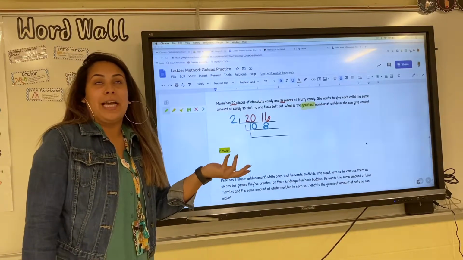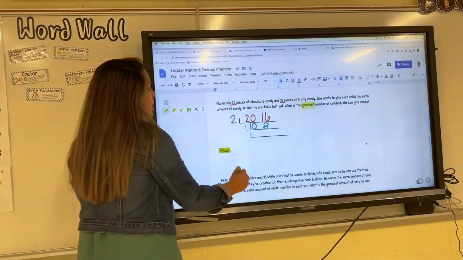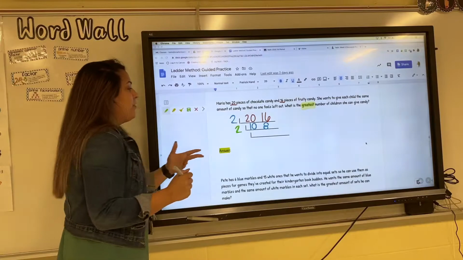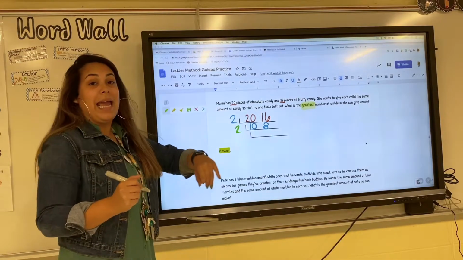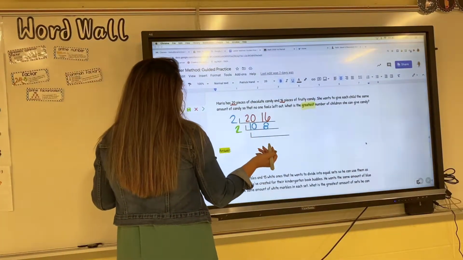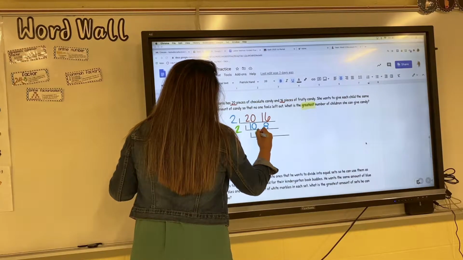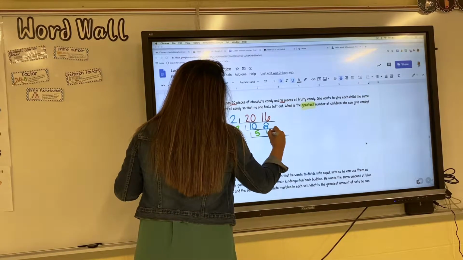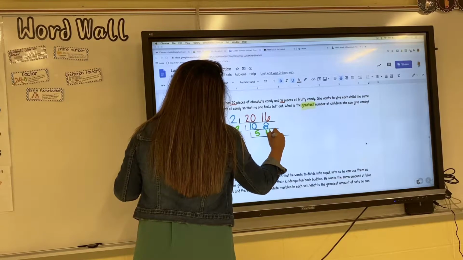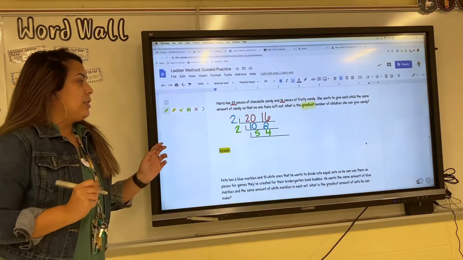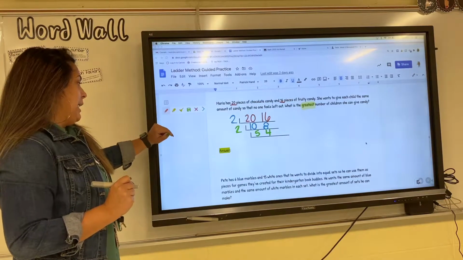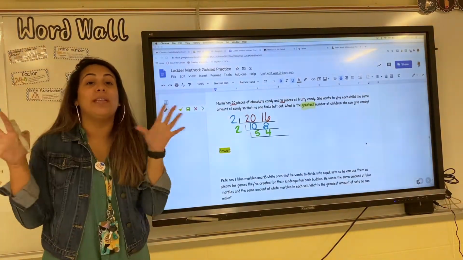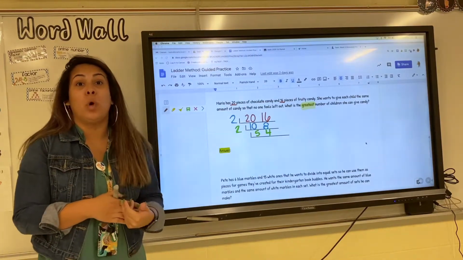I'm going to use 2 because I know that they're automatically even. So I'm going to divide 10 by 2 and 8 by 2. 10 divided by 2 is 5. 8 divided by 2 is 4. Now, if I know my facts correctly, I know that 5 and 4, the only factor they have in common is 1.